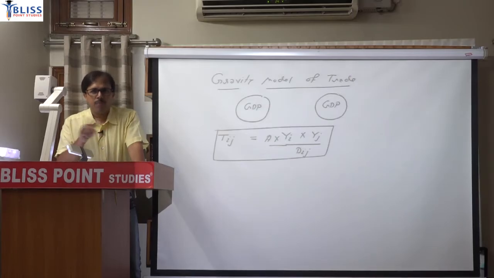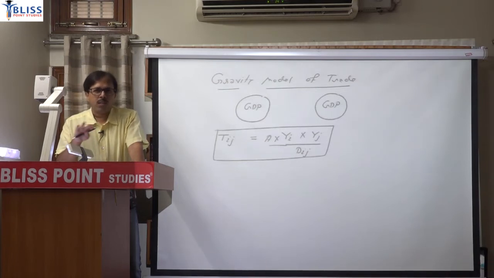So the trade between two countries depends upon the income, and trade between two countries will vary inversely with their distance, because greater will be the distance, greater will be the cost of transportation, so less will be the trade. That means you expect that there will be more trade with neighboring countries based upon this model. So greater the size, more the trade; greater the distance, less the trade.